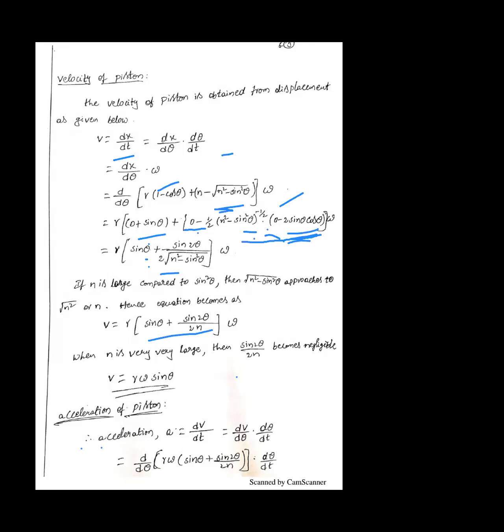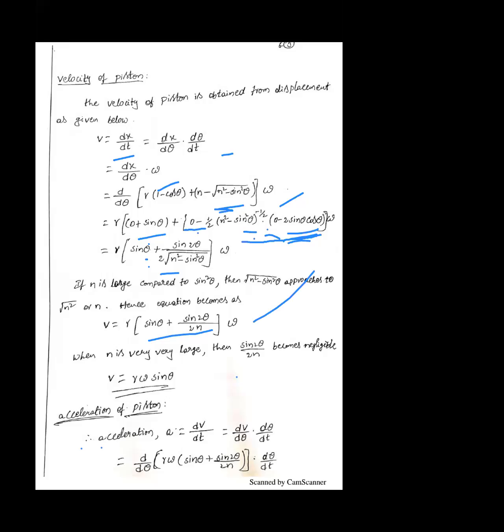Sin square theta is neglected because n square is high compared to it. So v equals omega r into sin theta plus sin 2 theta by 2n. It is the velocity of the piston.